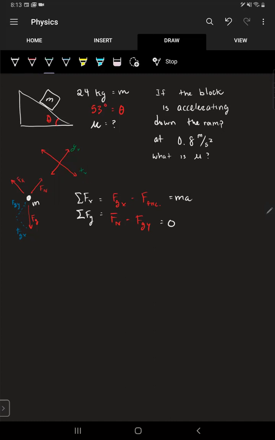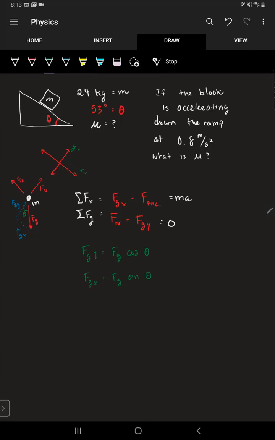We can also solve for FGY and FGX numerically because we know this is theta. FGY is equal to FG cosine theta, and FGX is equal to FG sine theta.